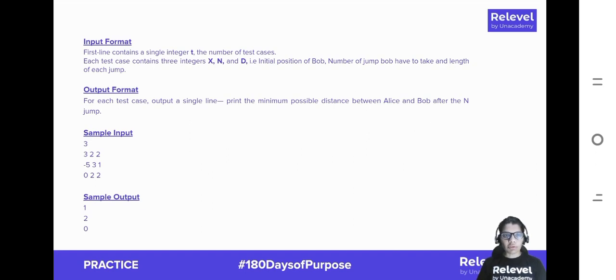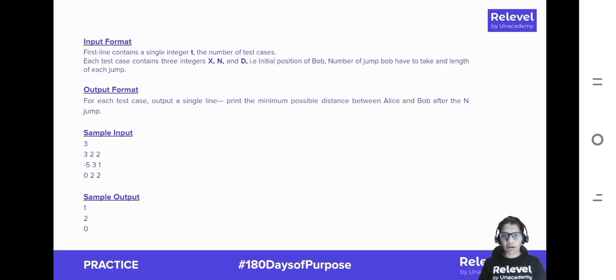What is the output format? For each test case, the output is a single line where you need to print the minimum distance between Alice and Bob after n jumps. So here is a sample input given to you in which there are 3 test cases.